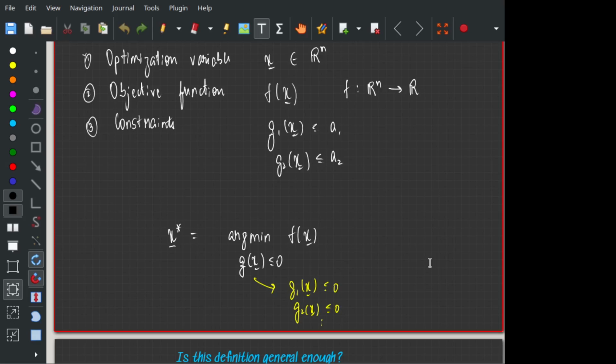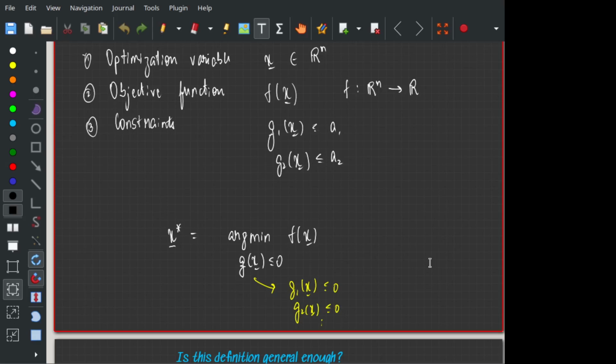But generally speaking, the reason is that if we have strict inequality constraints, then the constraint set is no longer closed, and therefore you cannot guarantee the existence of a unique minimum or a maximum, or even the existence of a maximum or a minimum.